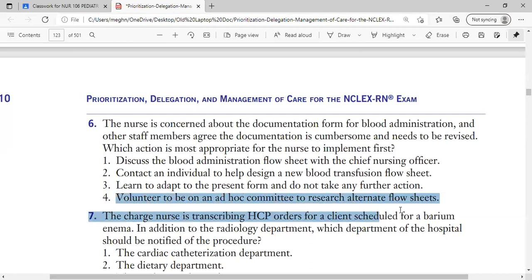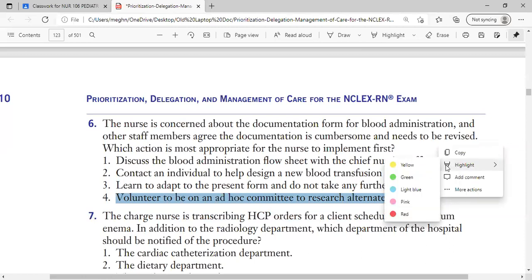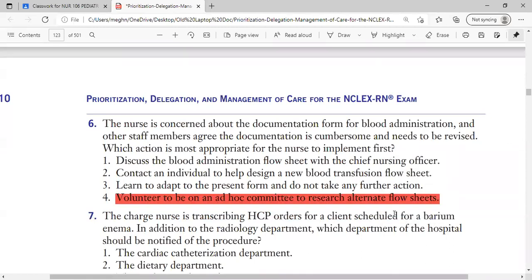Why is number 4 the answer and why are the others not? Let me explain. Number 1, the nurse should go through the chain of command when attempting to make a change, right?